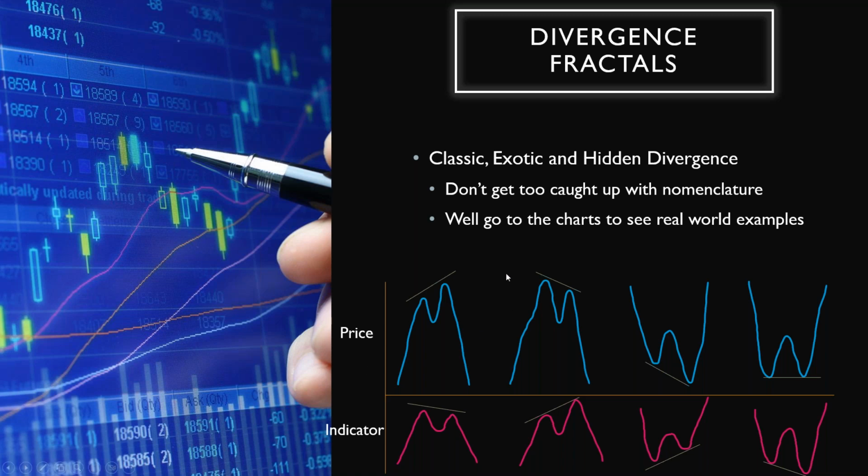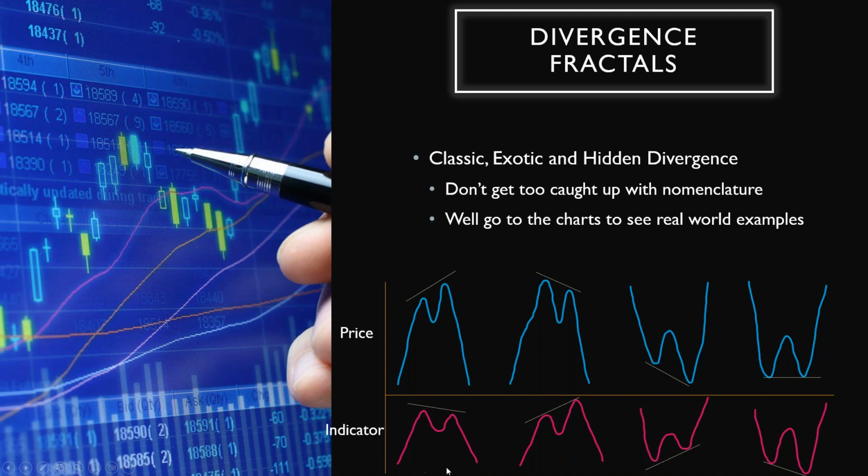So looking down below us here, you can see these are some examples of divergence fractals or divergence patterns that we want to use for our trade setup. On the left, number 1, we have the first example. You can see at the top in blue, that would be your theoretical price action.